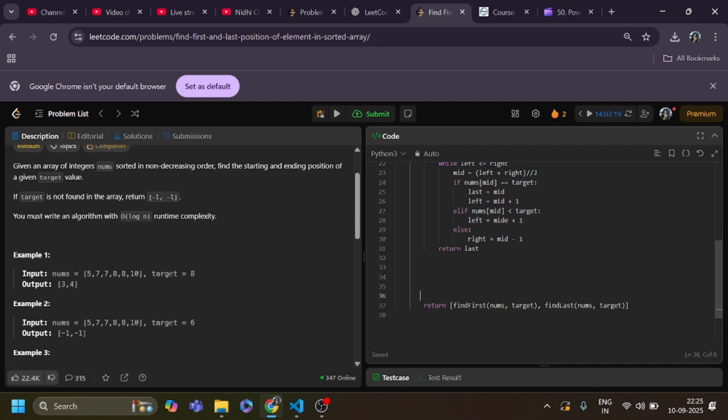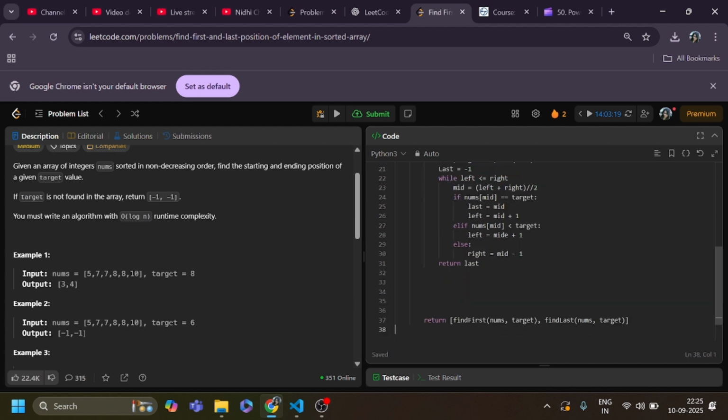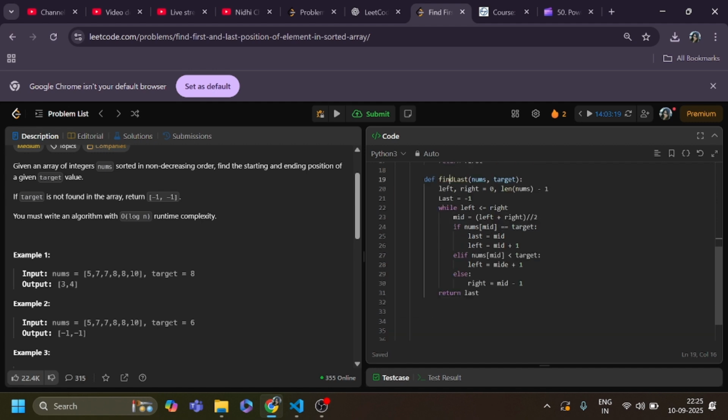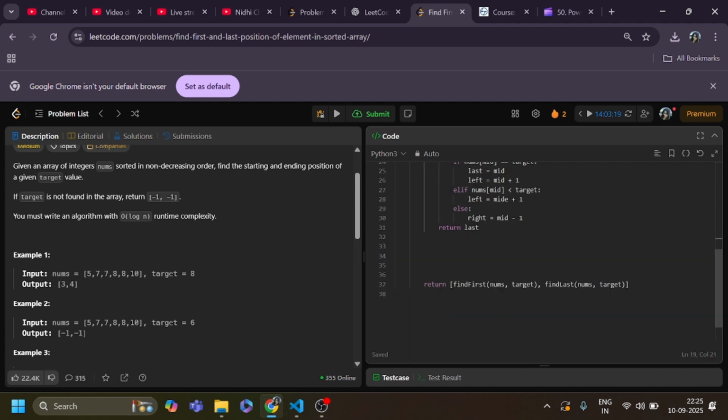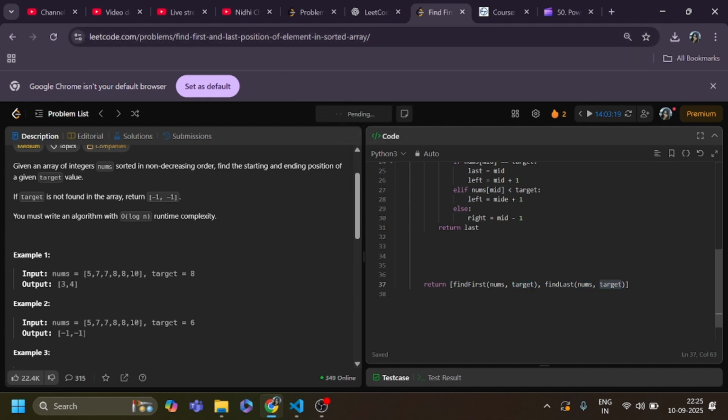And after that I need to return the find first function and the find last function, both functions need to return, and here the arguments of both are numbers and target. Now I need to run this.